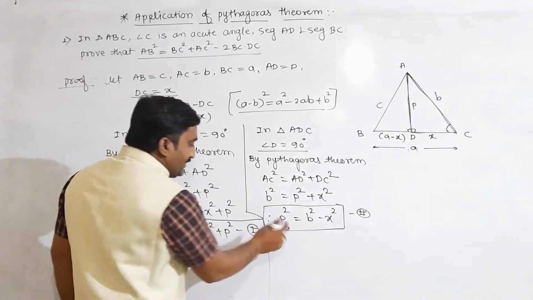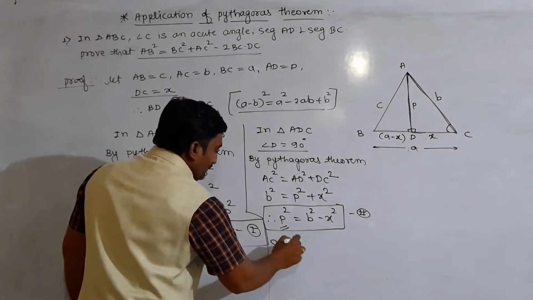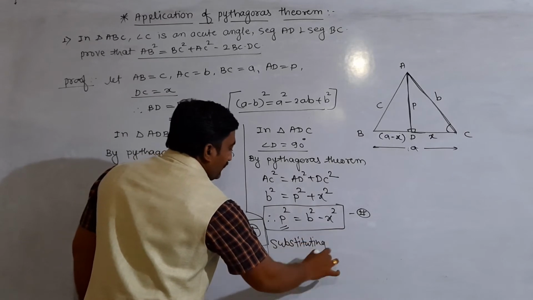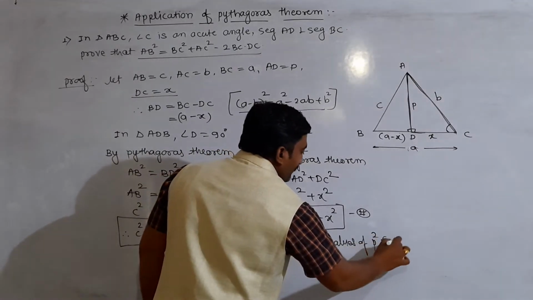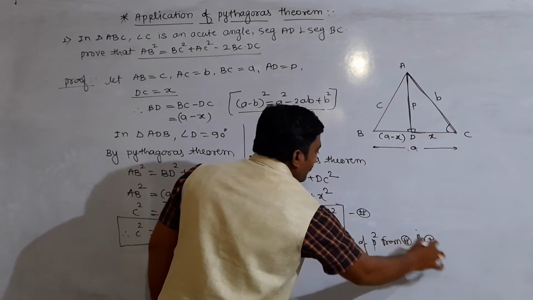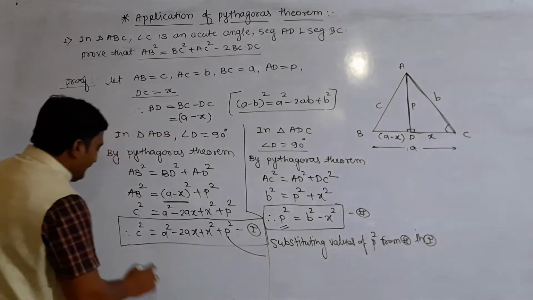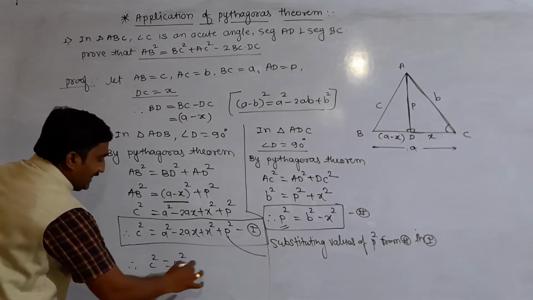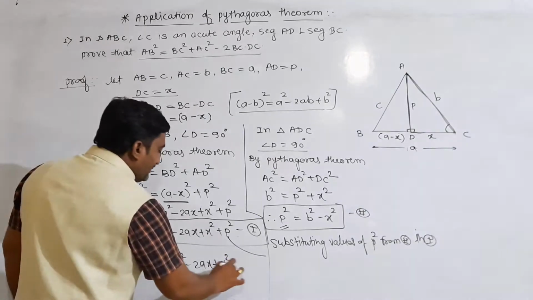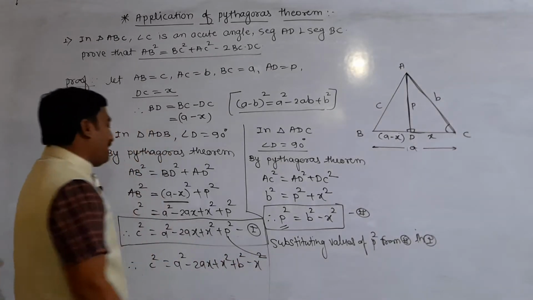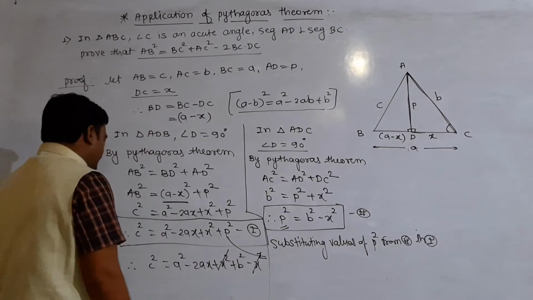So, then substituting the value of p square from second in first. Here if we put this value of p square, then c square as it is is equal to a square minus 2ax plus x square, and the value of p square is b square minus x square. So this plus x square minus x square get cancelled.